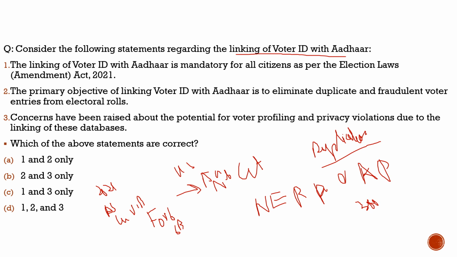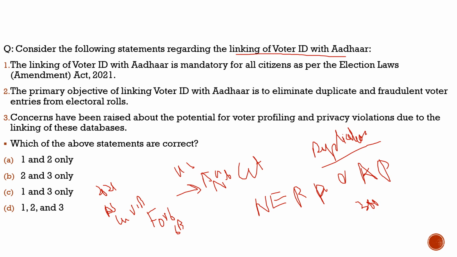So this is a little background: in 2015 the government came up with the National Electoral Rolls Purification and Authentication Program; then the Puttaswamy judgment upheld Aadhaar, and at the same time said Aadhaar cannot be proof of citizenship, and the things done in 2015 were stopped.